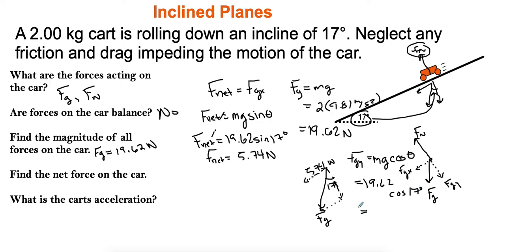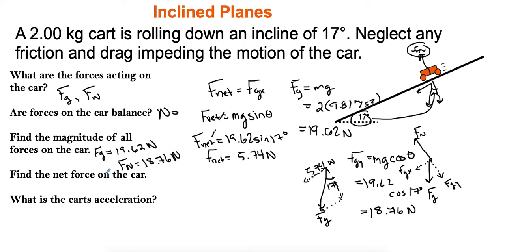Put that in your calculator, and we get 18.76. So 19.62 times cosine 17 is 18.76, and that is a force, so that's in newtons. So that's our normal force. That's the same thing as that. So F sub n will be 18.76 newtons.